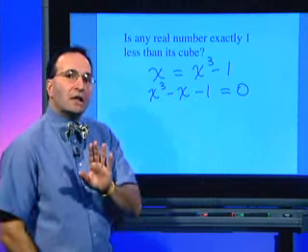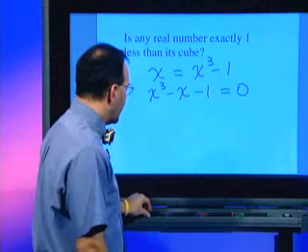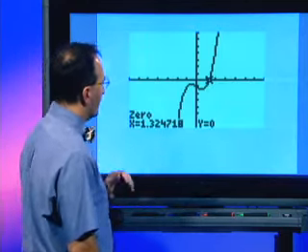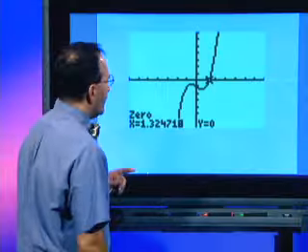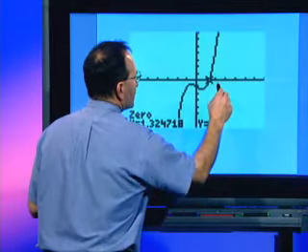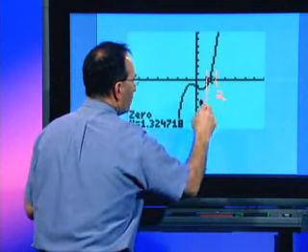So now let's take a look at the graph and see if that can help us determine what's going on. So this is the graph of x cubed minus x minus 1. And what we can see is that there is a sign change somewhere between 1 and 2.